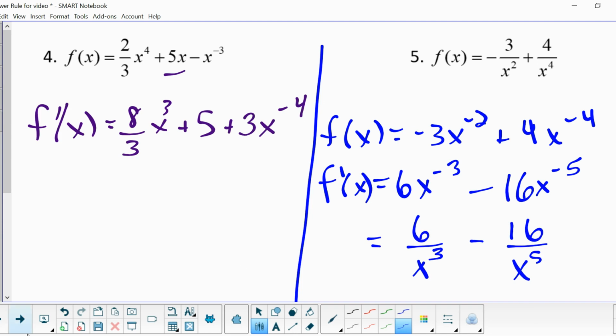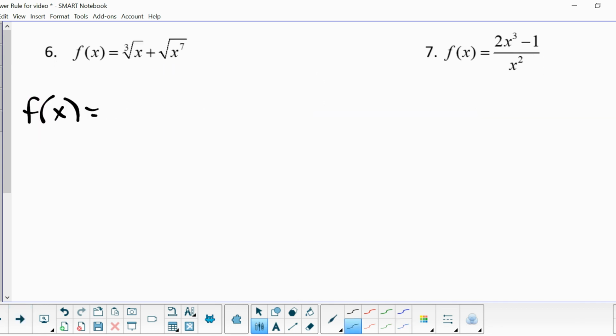Okay, last two, I believe. Now these I'm going to rewrite as rational exponents. So cube root of x becomes x to the 1/3, and the square root of x to the 7th becomes x to the 7/2.